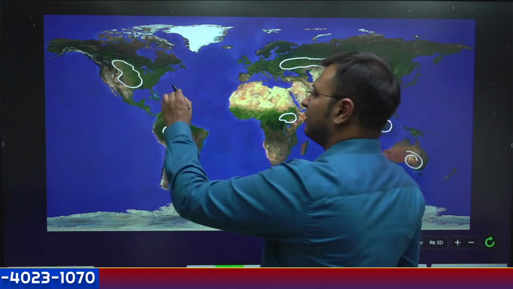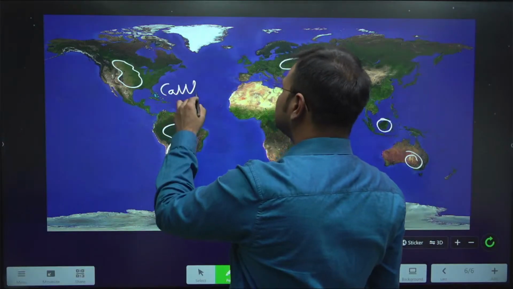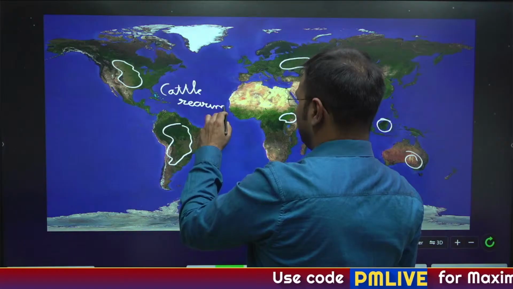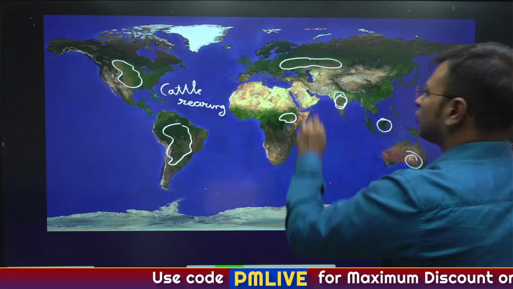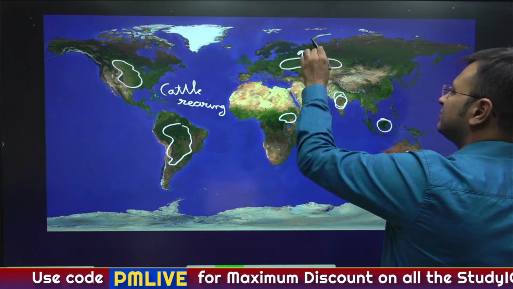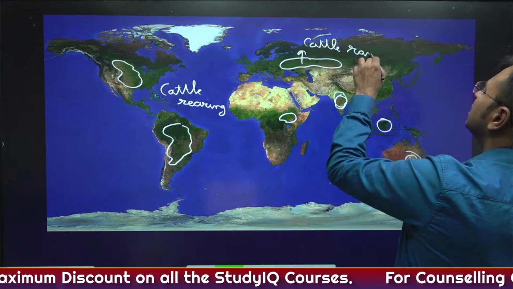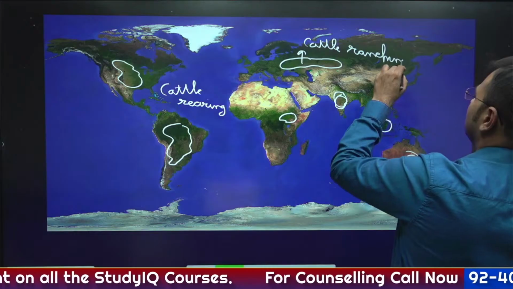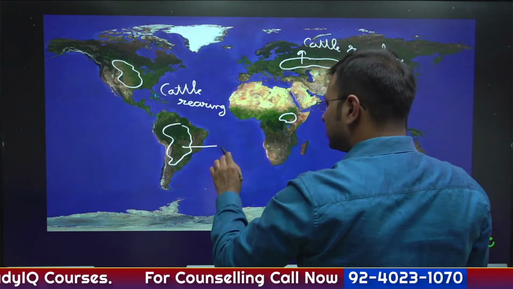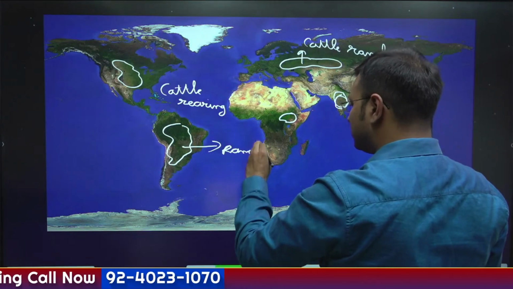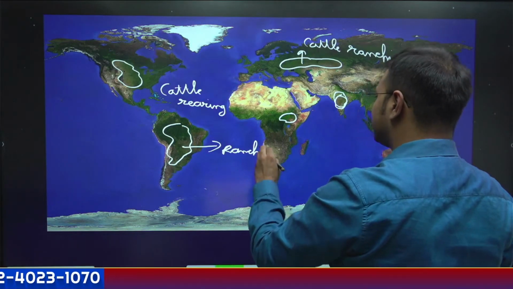So the grasslands of the world is where we have very high intensity of cattle rearing going on, right? If I'm talking about these areas, again the Ukrainian steppes, this is also very much famous for cattle ranching. Brazil, Argentina, these areas are also famous for ranching. Ranching means the rearing of cattle for beef and beef exports.